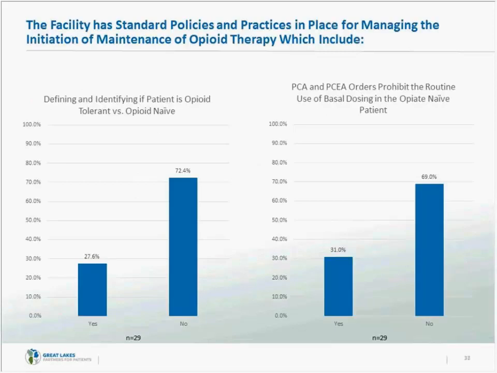And then finally, we're going to talk about the issue of opioid tolerance or naivete. So you can see the facility has standard policies and practices in place for managing the initiation of maintenance of opioid therapy, which include on the left side, defining and identifying if a patient is opioid tolerant or naive. And on the right-hand side, you can see that they've PCA and PCEA, which is epidural, the E is epidural, orders prohibiting the routine use of basal dosing in the opioid naive patient. And you can see again, 3/4 of institutions on both graphs had room for improvement.